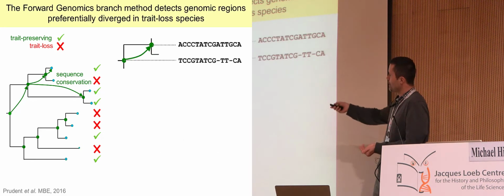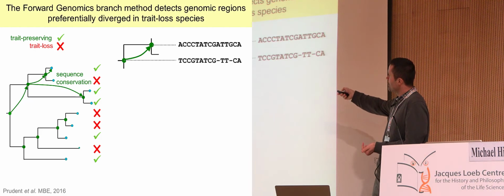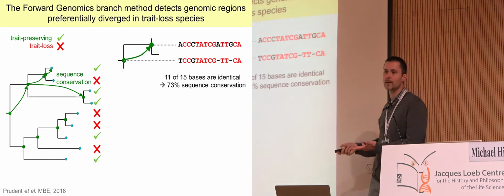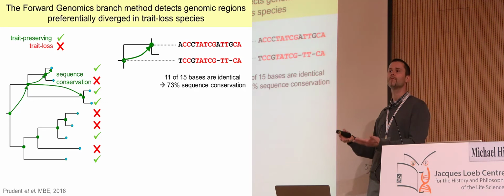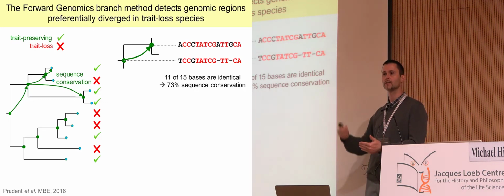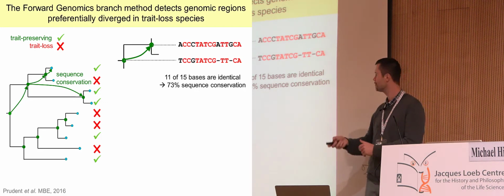So if you focus on a particular branch, we can simply count how many bases in this alignment are identical, and in this toy example we have 11 out of 15 bases that are identical, so we'd say 73% of that sequence is conserved on that branch.